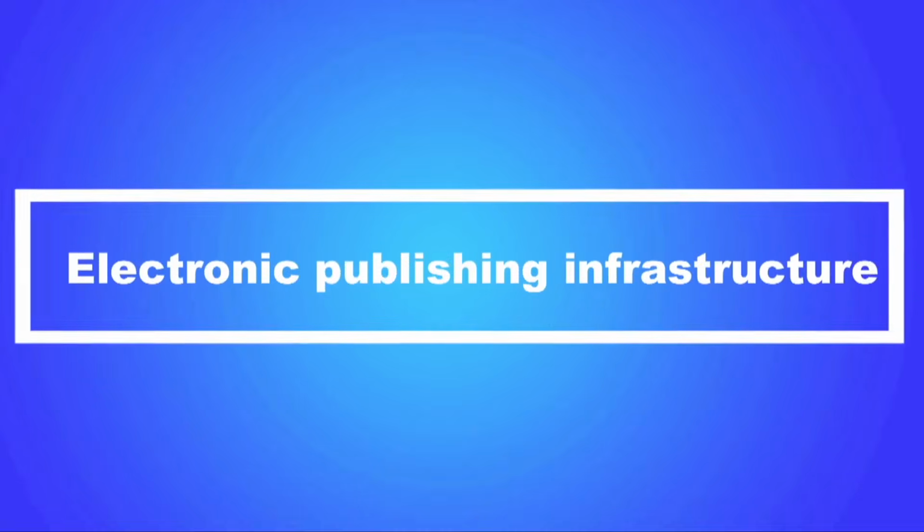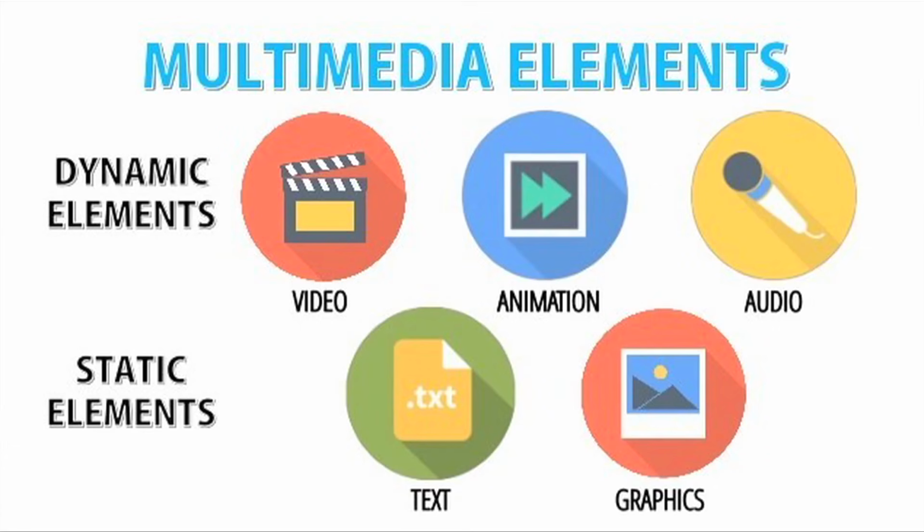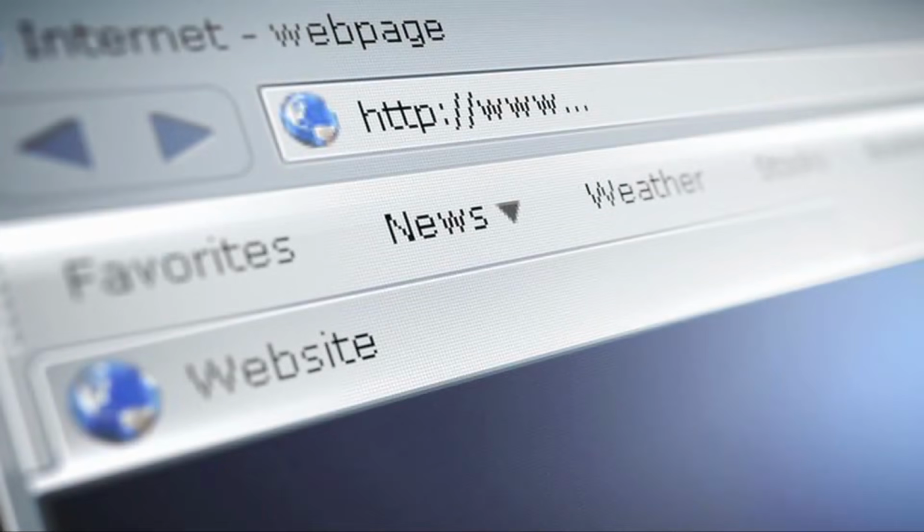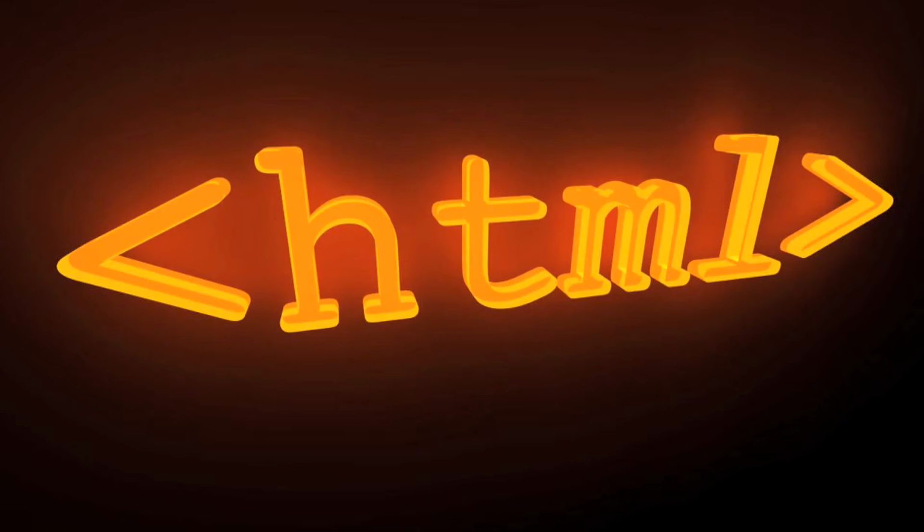Electronic publishing infrastructure. The World Wide Web is a good example of this layer since it is related to the content. It permits organizations to publish a variety of text and multimedia. There are three main components of the web: a uniform resource locator, which is used to uniquely identify any server, a network protocol and a structured markup language, HTML.